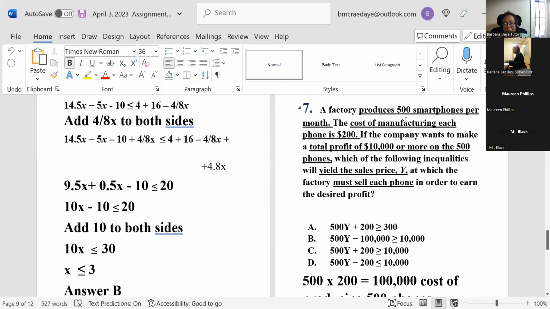No, I said the cost of manufacturing. That's different now. I want to know how you could find the sales price of each phone. You can solve it from B. I want you to take B and solve for Y. So you're going to divide 500 into 100,000? No, give me an answer. Take B and solve for Y and tell me your answer. I know, do it. Let me see.